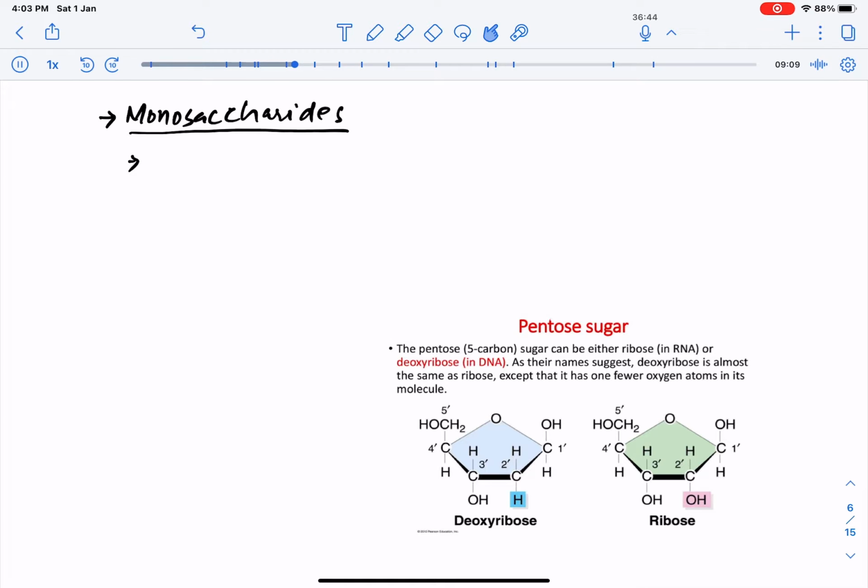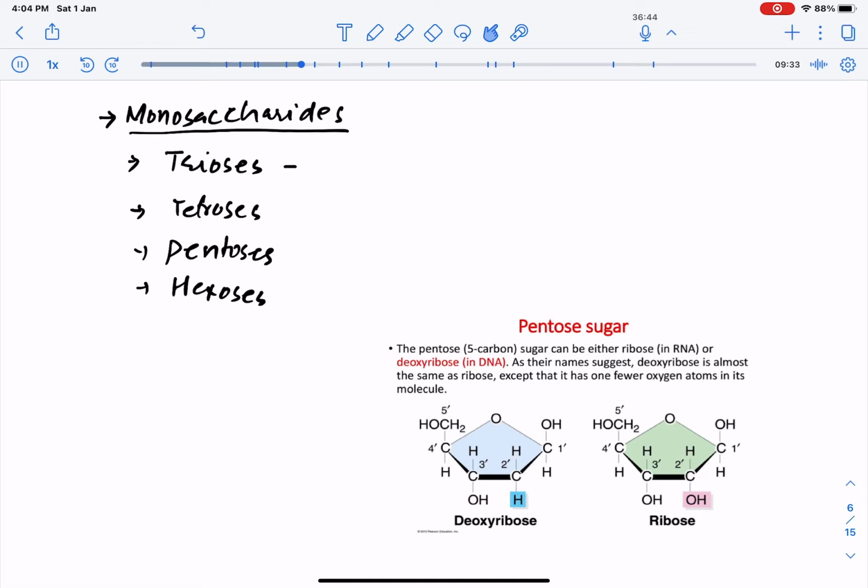So monosaccharides may be trioses if they have 3 carbon, tetroses, pentoses, and hexoses.